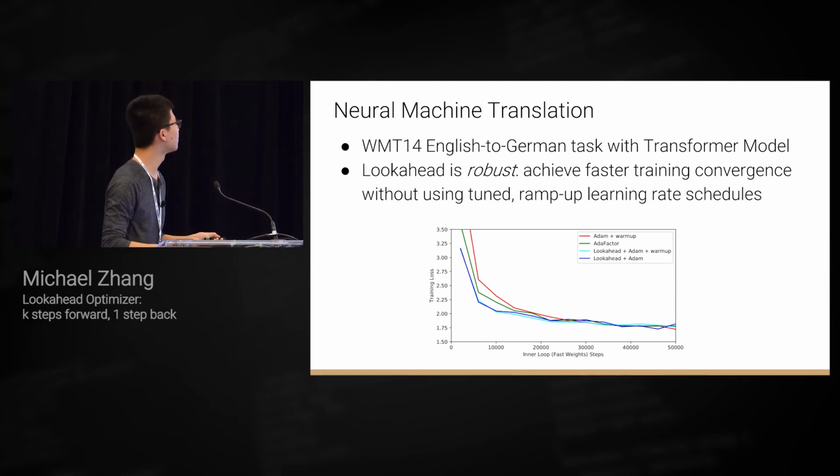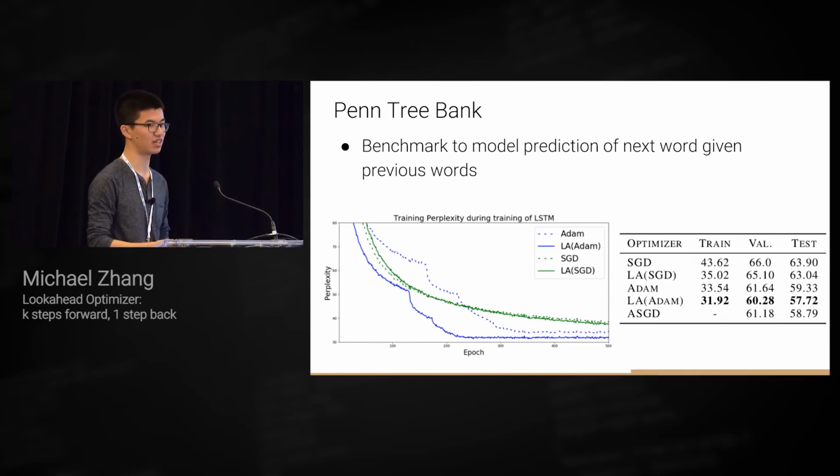And one final regime which we evaluate our model on is language modeling. In this task, your goal is to predict the next word in a sequence given the previous words. And here, we also wrap look-ahead around the Adam optimizer. The way our models are evaluated in this setting is we want to minimize the uncertainty about the next word we predict.